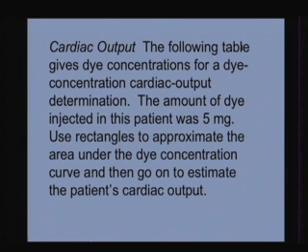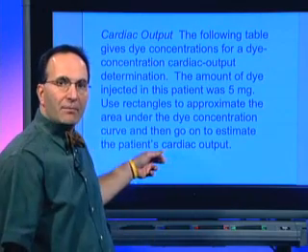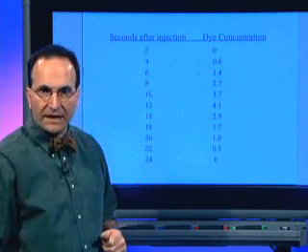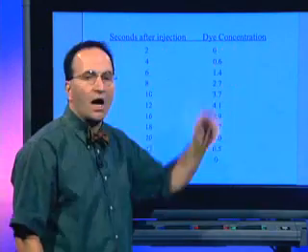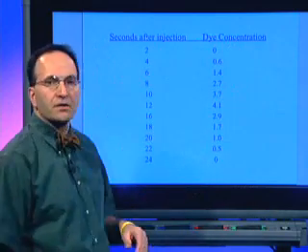Use rectangles to approximate the area under the dye concentration curve and then go on to estimate the patient's cardiac output. So I'm going to show you the table, which gives us the seconds after the injection, and what the concentration of dye was measured to be at that particular time.